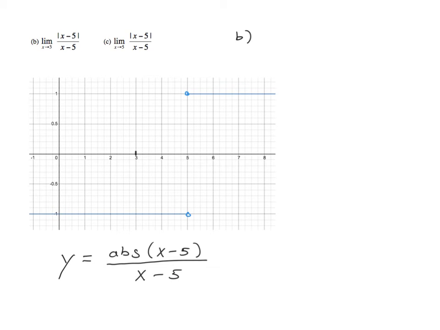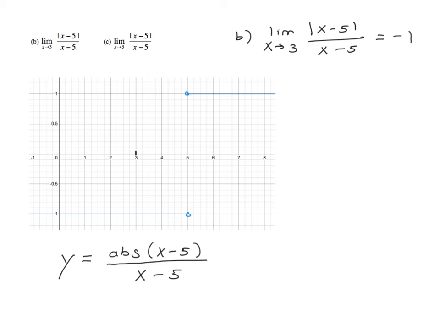So that means, for part B, the limit as x approaches 3 of the absolute value of x minus 5 over x minus 5 should be equal to -1. Another way that you could have done this is simply by noting there's no breaks in the graph. The left and the right approach the same value. I think we could just take the number 3, put it into the function to get the answer for the limit, which should equal -1.